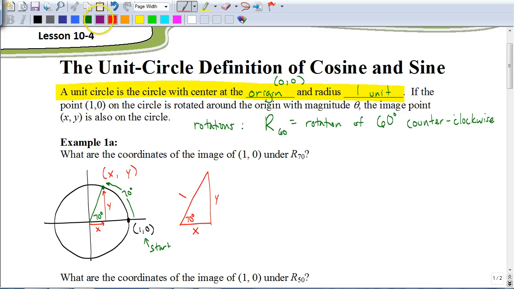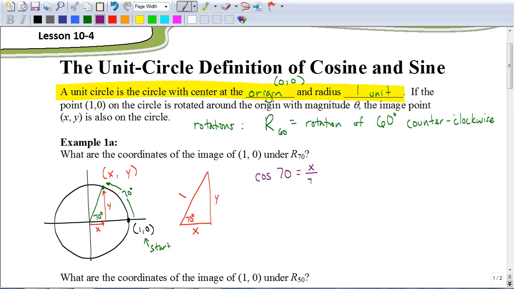If I want to find out what x is here, this is the adjacent leg to the 70-degree angle, and the hypotenuse is 1. So the cosine of 70 uses the adjacent leg, which is x over 1. If I multiply both sides by 1, it's going to stay the same.